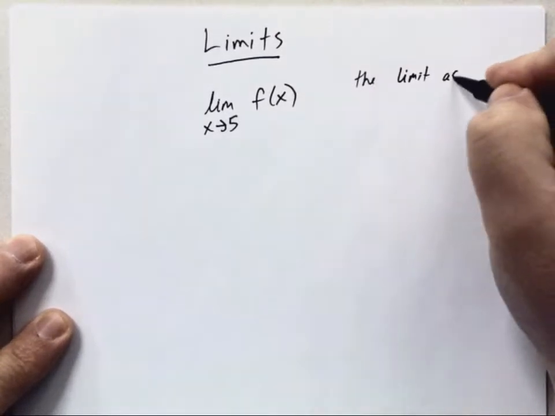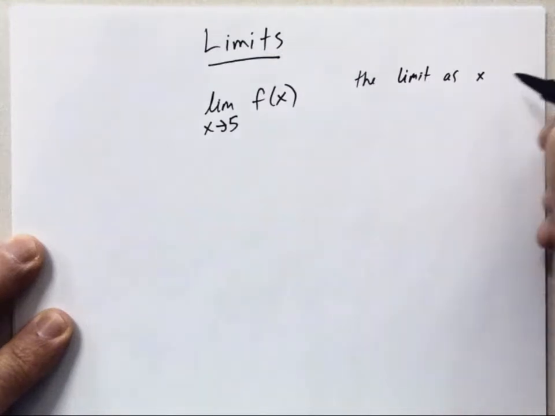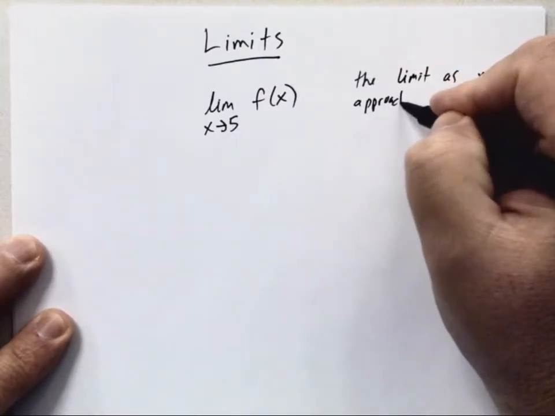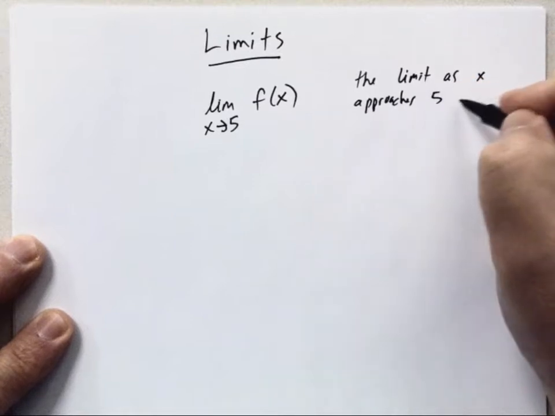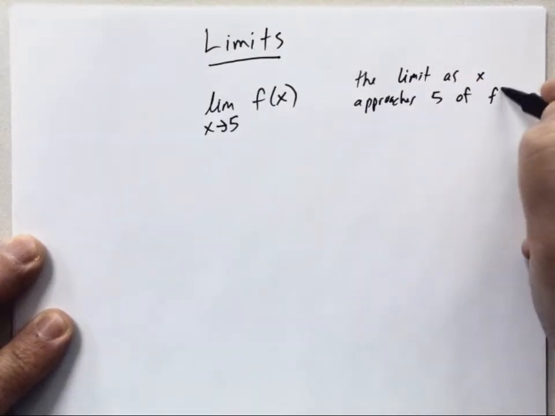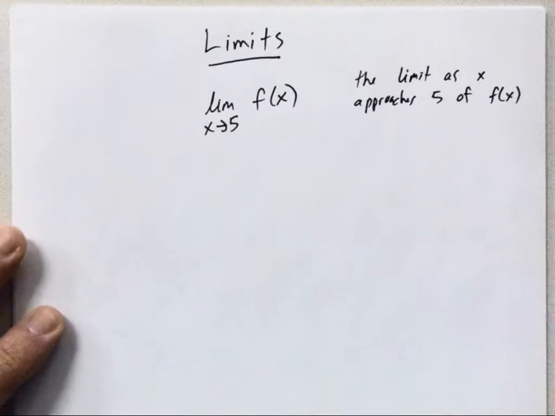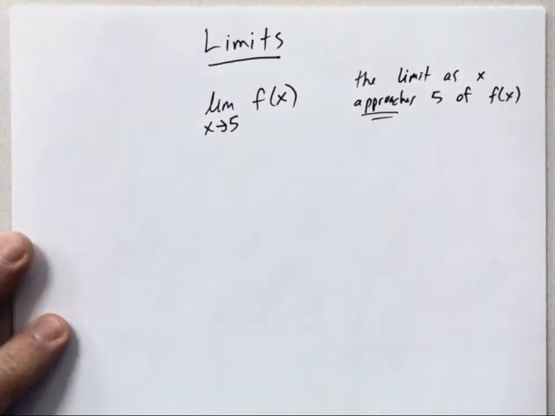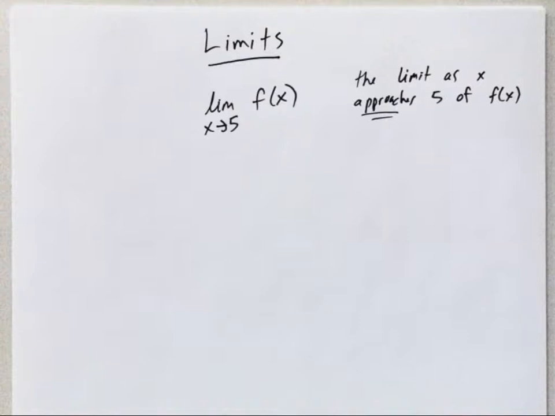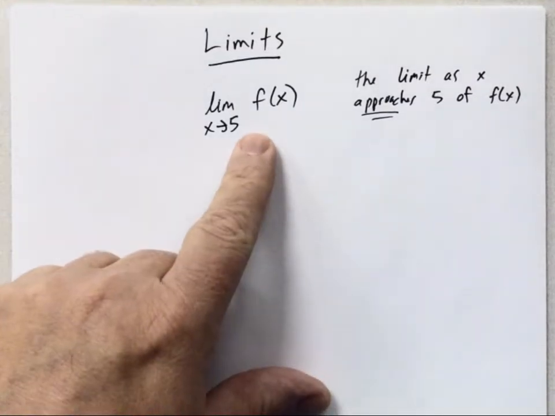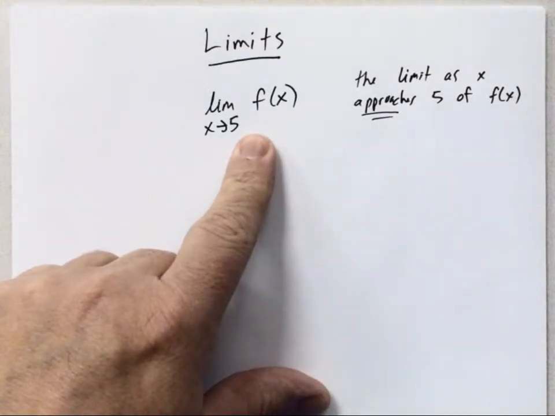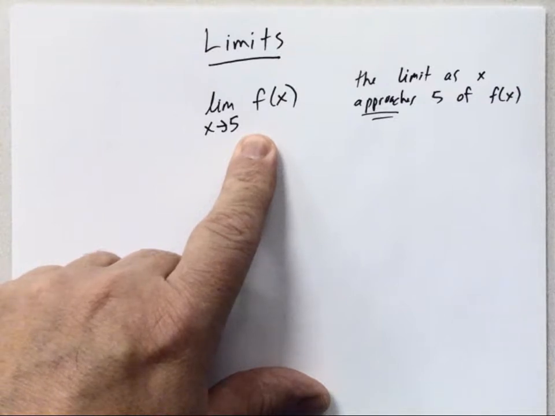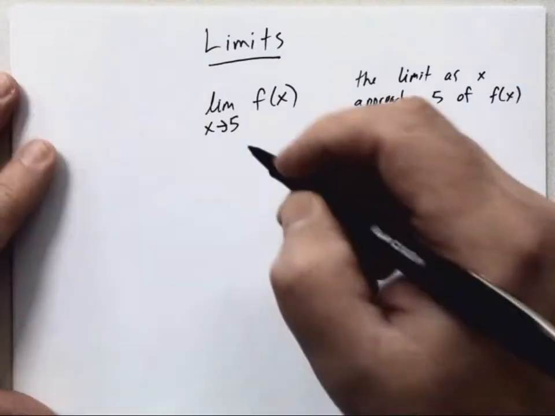The limit as x approaches 5 of f of x. The key here is the word approaches. We are not going to evaluate the function at x equals 5.